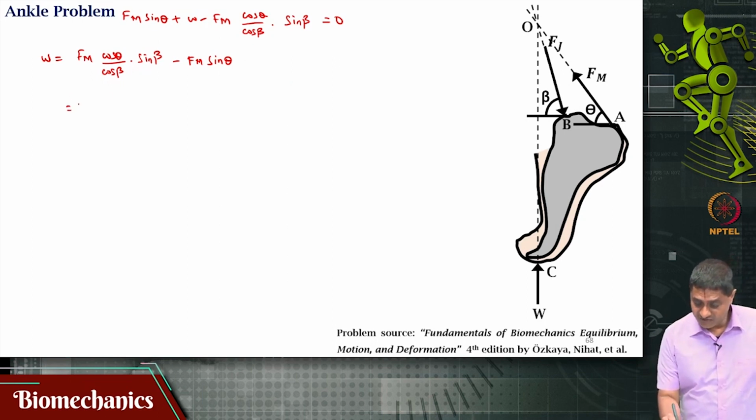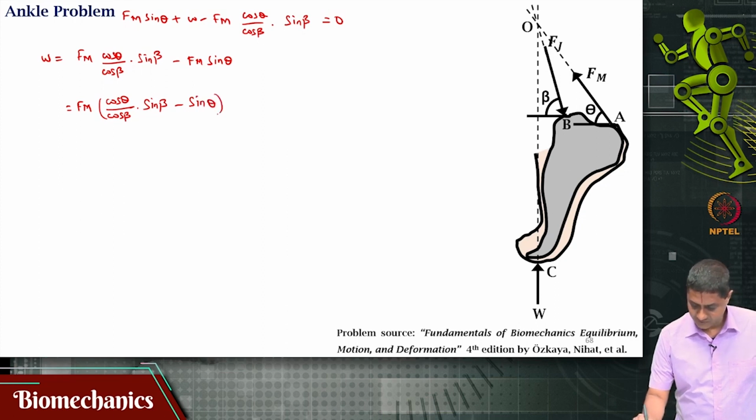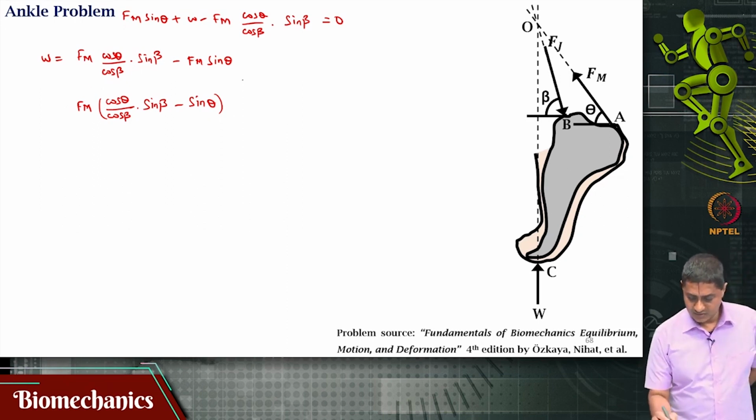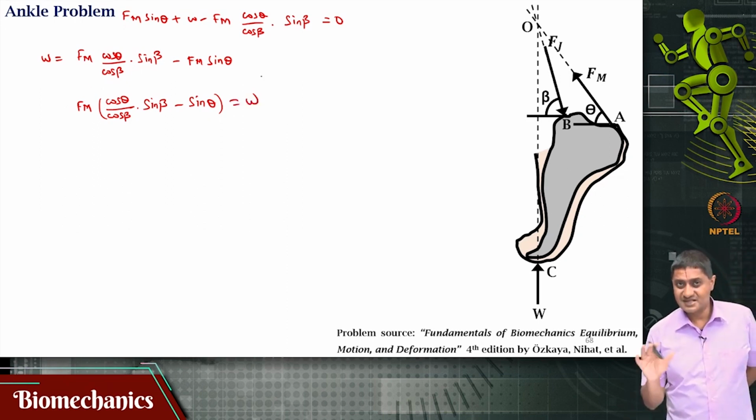Now, I can take out Fm on the right hand side and say that this is cos theta by cos beta times sin beta minus sin theta, and that is equal to W, just exchanging LHS and RHS.